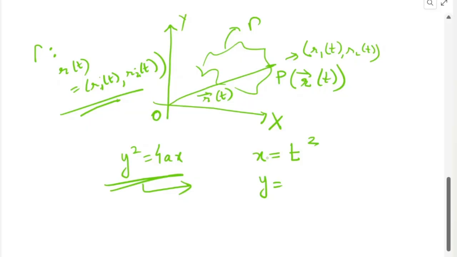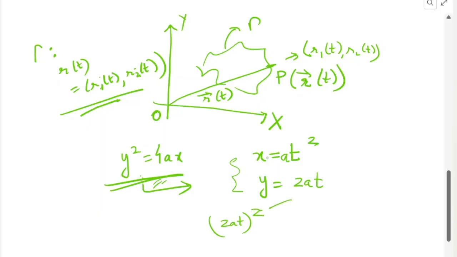Let me try x equals a t square, and y equals twice a t. Just check whether it satisfies or not. If it is satisfied, then I have chosen a correct parametric form. Otherwise, I need to change it.